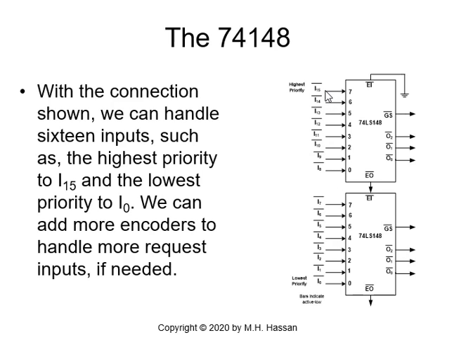This input, which is I15, will have the highest priority. But if any of those are inactive, the E output will be enabled, and the highest priority will be I7, and this is I0. And you will have two GS outputs for the upper chip and the lower chip, which are the valid output indicators.